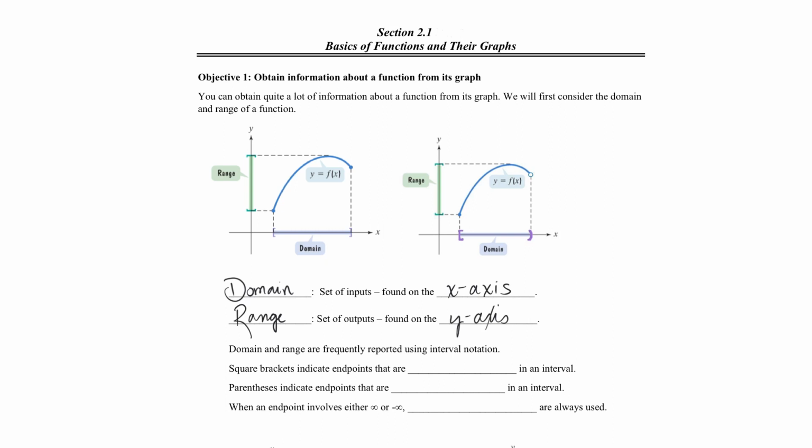Okay? When we were doing domain and range before, we were given a set of 4 ordered pairs. And our domain and range for those examples included just a set of distinct numbers, right? Specific x values, 1, 2, 3, 4, 3, 4, 5, 6. Now, in this case, this is quite different because the domain is not a set of distinct or discrete values, right?